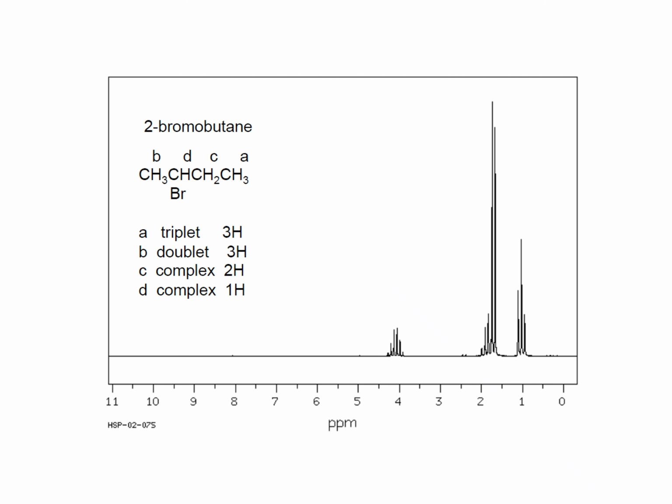Then 2-bromobutane. So how is it measured? Look at this. First of all, for environments A B C D. A, then B C D, B, then C, then another one is D. Actually D's location would be in here.